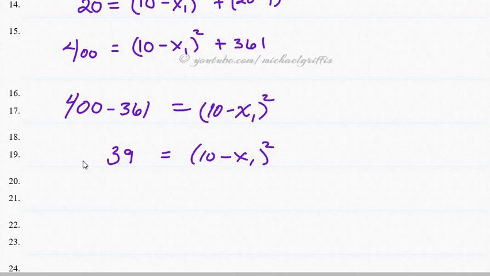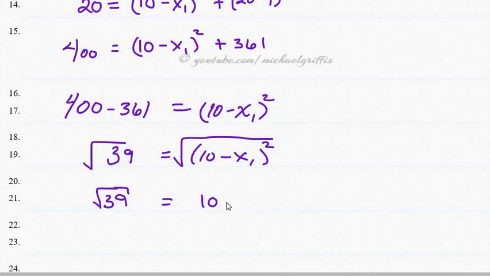To get rid of this square, we're going to square root both sides. So this becomes the square root of 39 is equal to 10 minus x1.